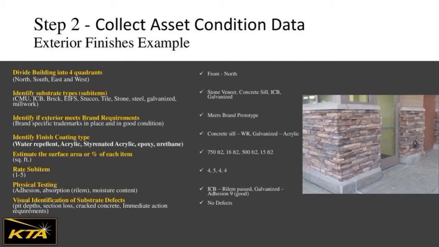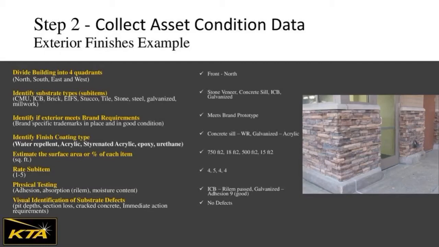There's some acrylic coating on the galvanized door over there on the far right. And then identify the square footage of the components. That could be square footage, or it could be a percentage. Some owners would prefer to have a percentage over a square footage.